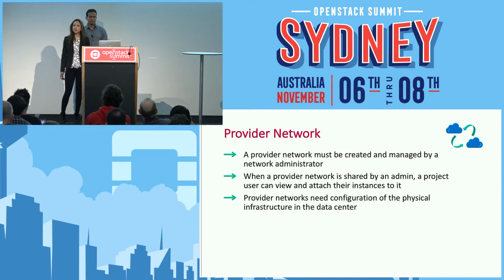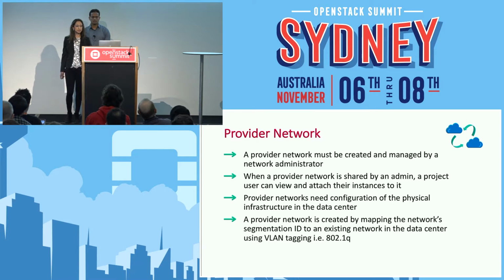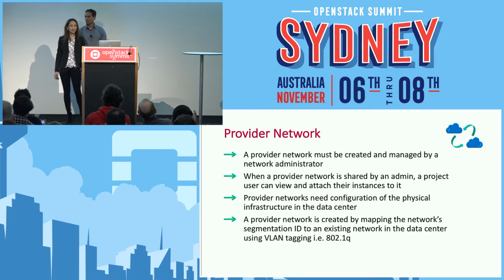Provider networks differ from project networks in that they need actual physical configuration of the hardware in the data center. A provider network is essentially created by mapping the network's segmentation ID to an existing network in the data center using what is known as VLAN tagging, that is 802.1q.